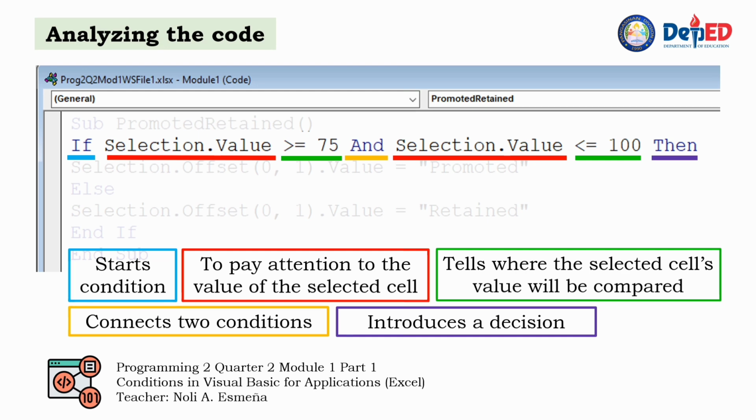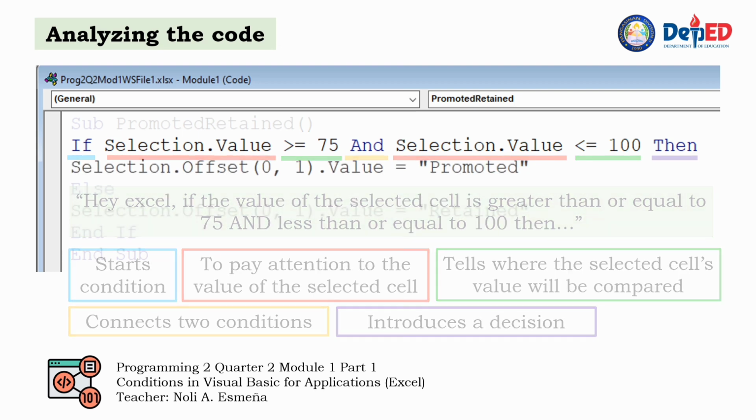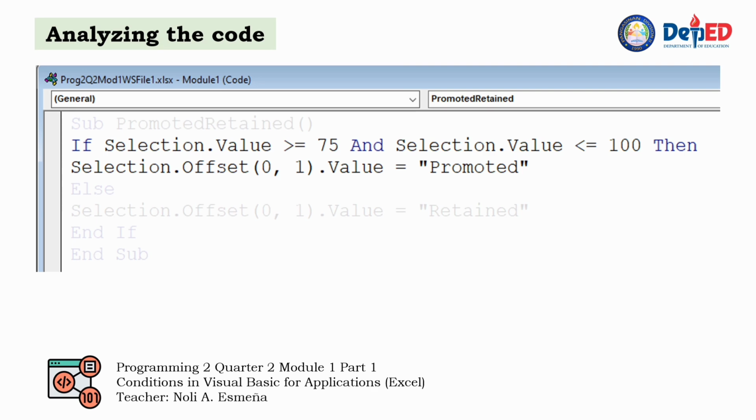In summary, this line of code is saying, "Hey Excel, if the value of the selected cell is greater than or equal to 75 and less than or equal to 100, then after creating the condition, we will create a decision that Excel will be doing in case our condition is met."